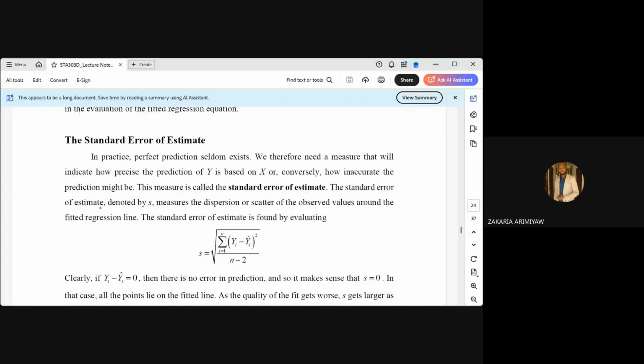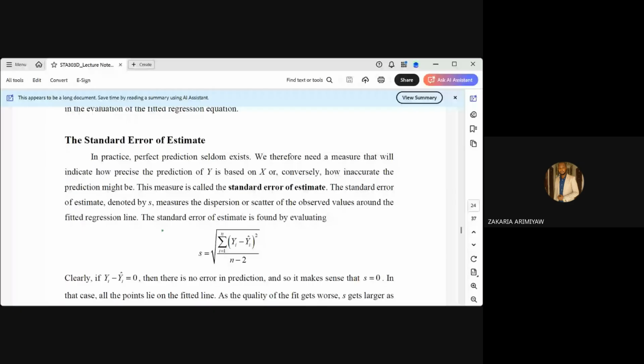The variance of the y values is simply represented by the standard error of estimate. If you want to know the standard deviation for the y values, it is measured by the standard error of estimate.